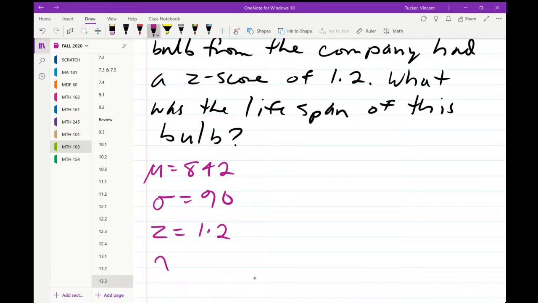So what's missing is the data value that represents this light bulb, the lifespan of the light bulb. So that's our X value, the data value that represents the actual light bulb.